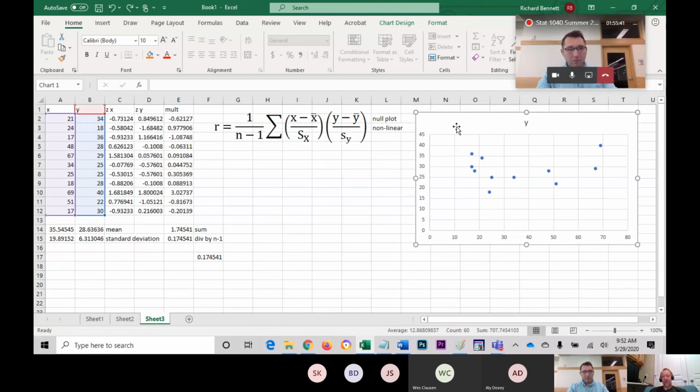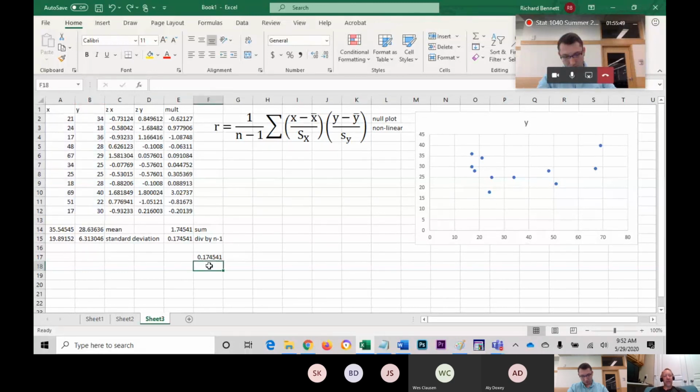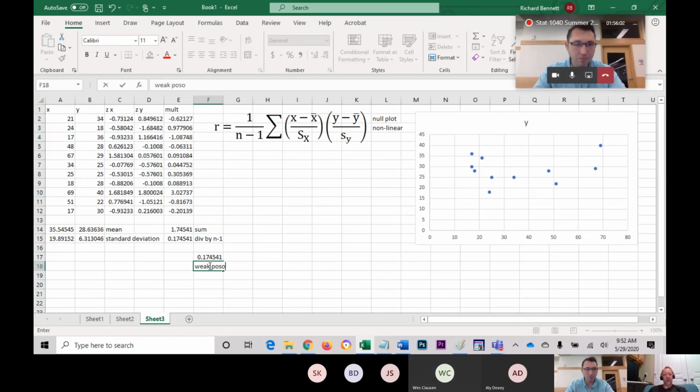All right. Well, I know we're out of time. Oh, actually, one more question for you. So if my correlation coefficient is 0.174, and you didn't look at your scatter plot, you would say what? It's weak correlation. Weak positive, right?